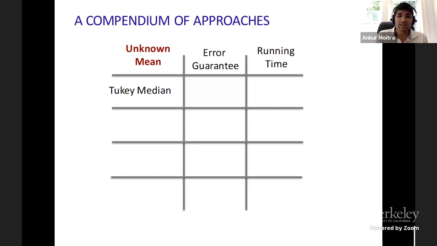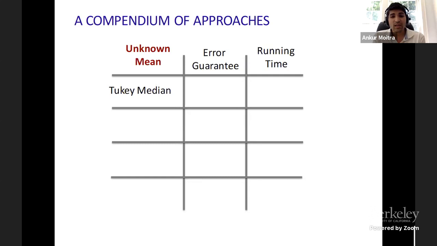Now, I'll preface this by saying that you don't actually have to know what the Tukey median is to understand the rest of the talk, but let me just tell you in words what it is. You can think about this point cloud of samples that you get from your distribution. And there's something called the Tukey depth of a point, which is: if I take a point, I look at the worst case over all 1D projections of how close it is to the endpoint of the projections of all of these points.